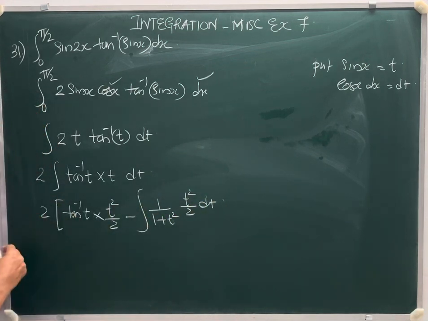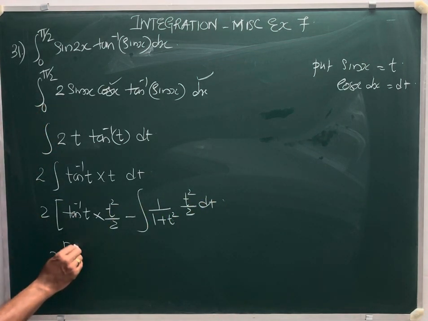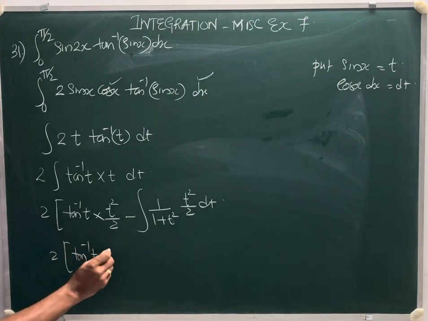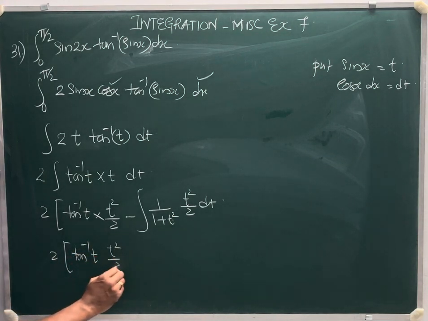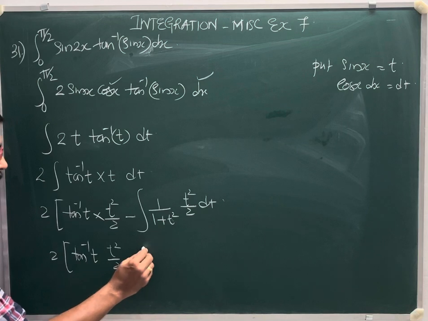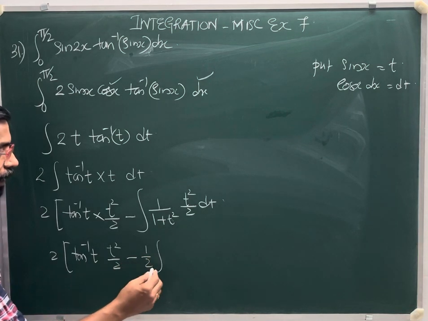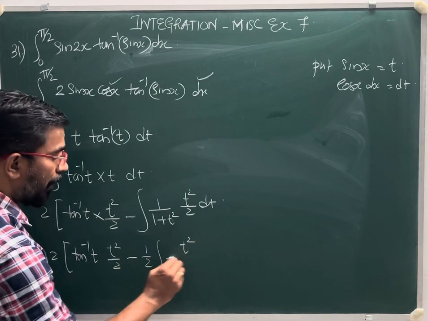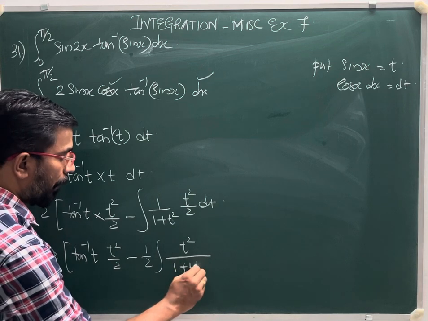We have to integrate this further. So 2 into tan inverse t square by 2 minus this 1 by 2 I will keep outside, integral, this will become t square by 1 plus t square.